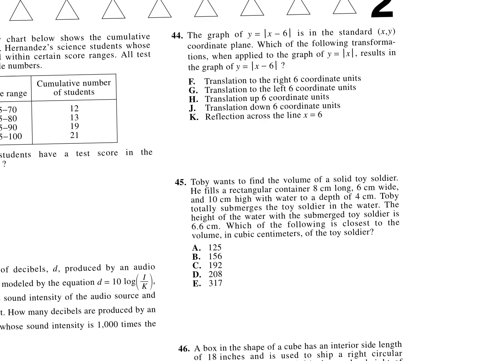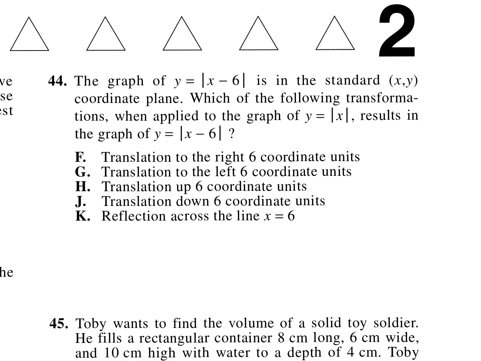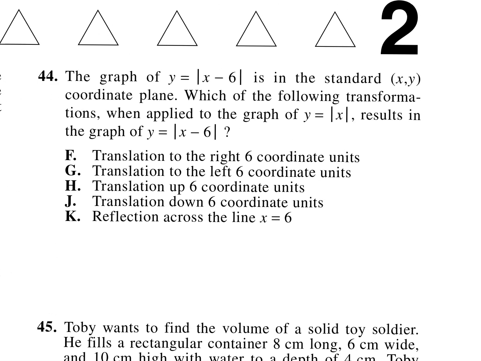44. This is another one you could do on the calculator. These are in y equals, so where do we go on the calculator? Go to y equals. We've already done absolute value. Where was absolute value? It's in the catalog.